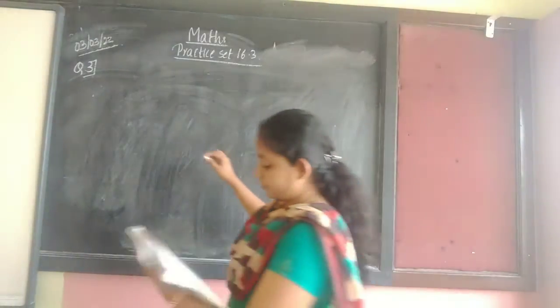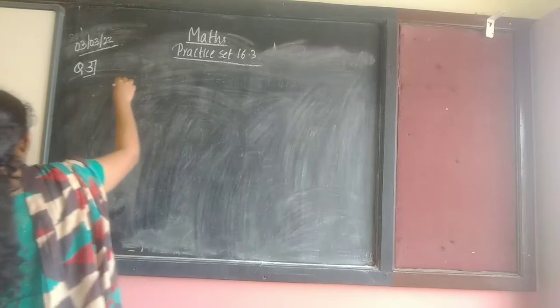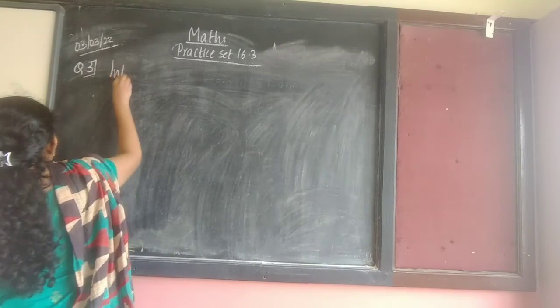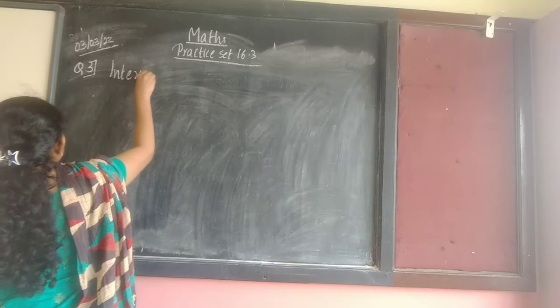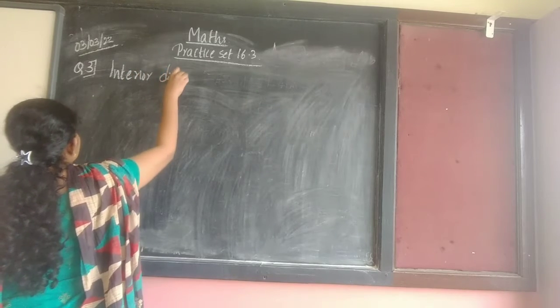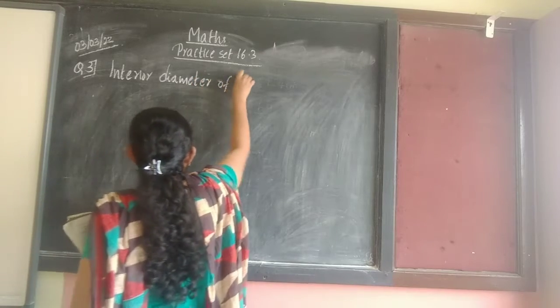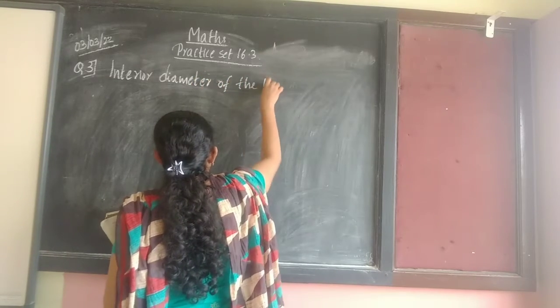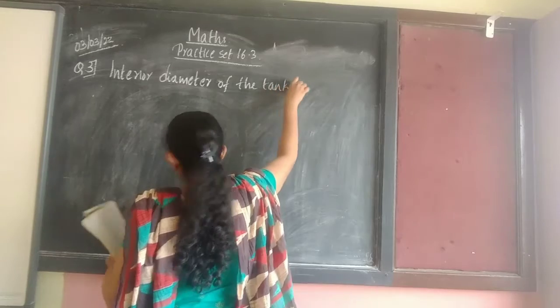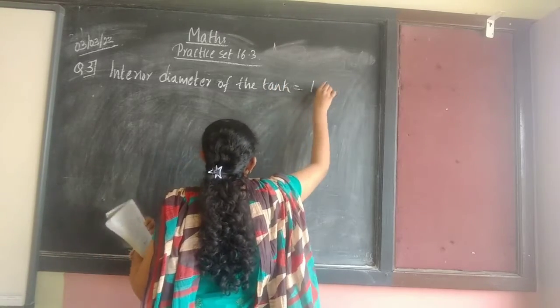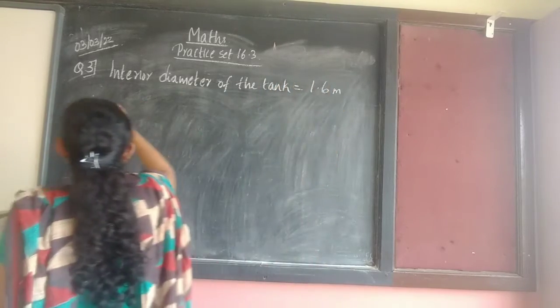Okay, so first let's write: interior diameter of the tank is equal to 1.6 meter. For volume, given radius.